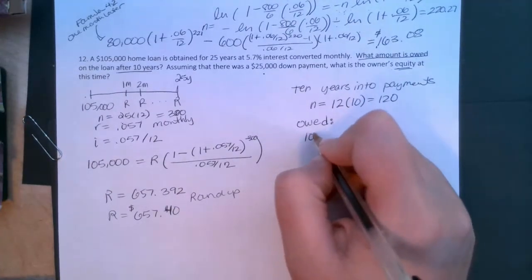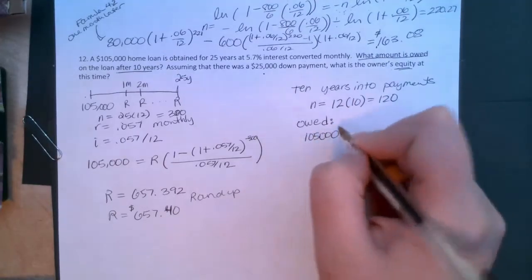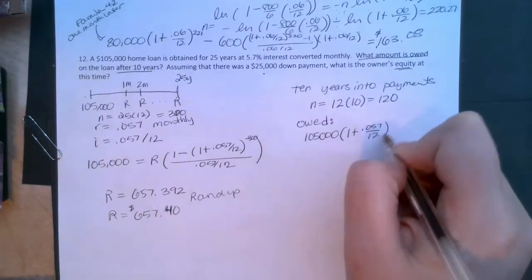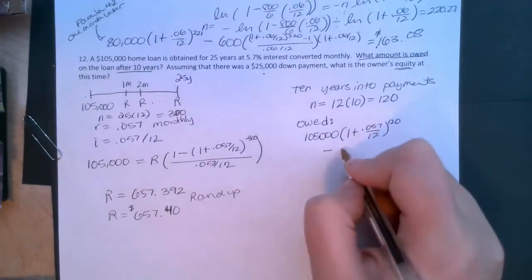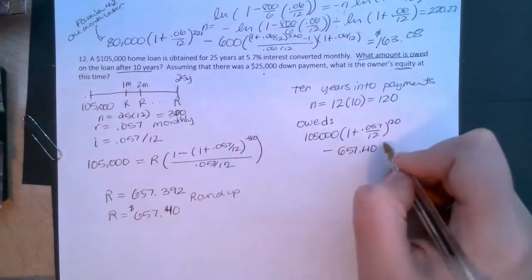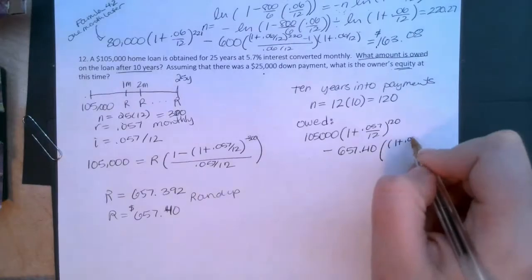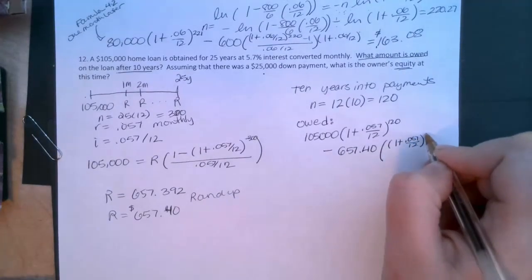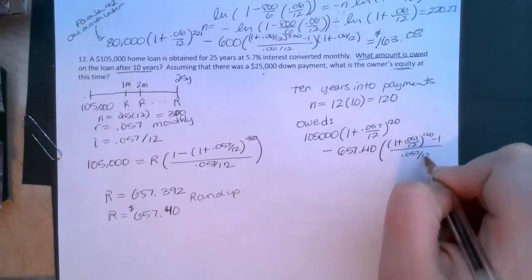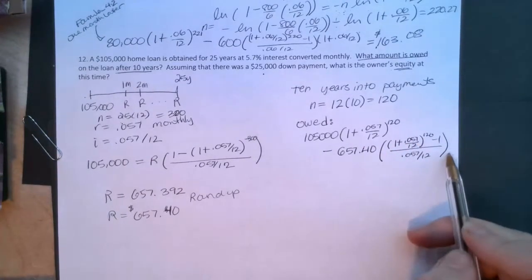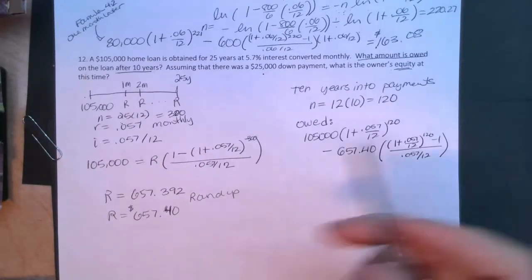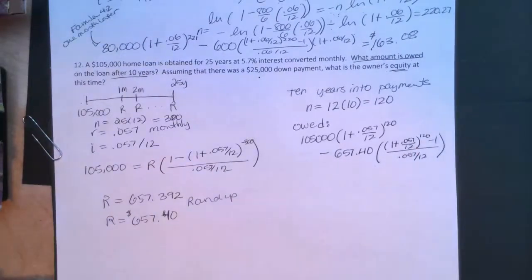So that's going to be 105,000 times 1 plus our i, 0.057 over 12, to the 120, and then we're going to subtract our regular payment, 657.40 times 1 plus 0.057 over 12 to the 120 minus 1, all over 0.057 over 12. So again, that's your S sub n formula. This is S sub n. Right here we did A sub n because we're finding the regular payment. Here we're doing a partial of the way in.